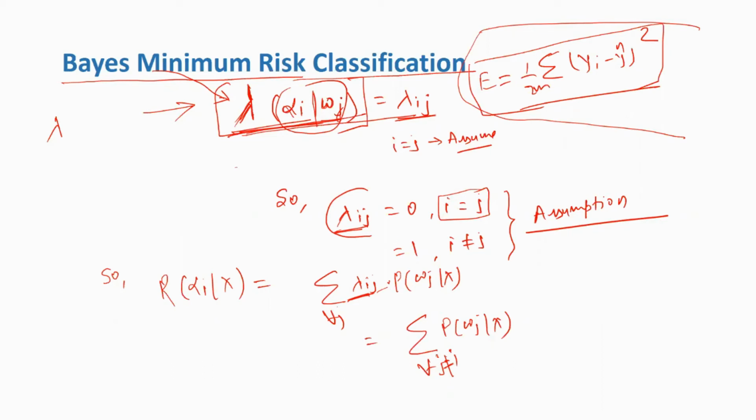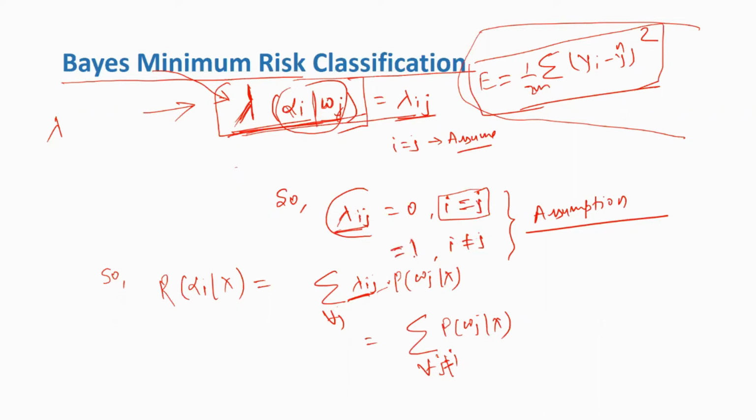When you are saying class i is nothing but class j, it means lambda ij will be 0, which means you don't have any risk. And when you are saying i is not equal to j, it means the lambda value is 1.